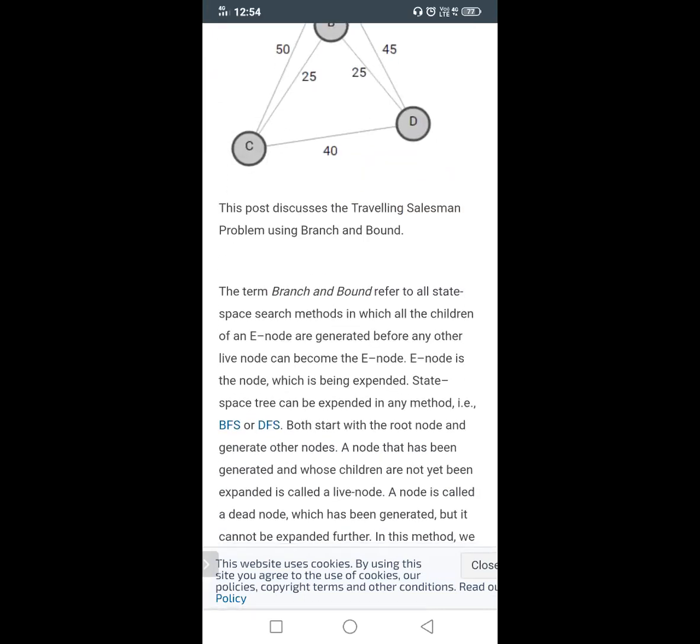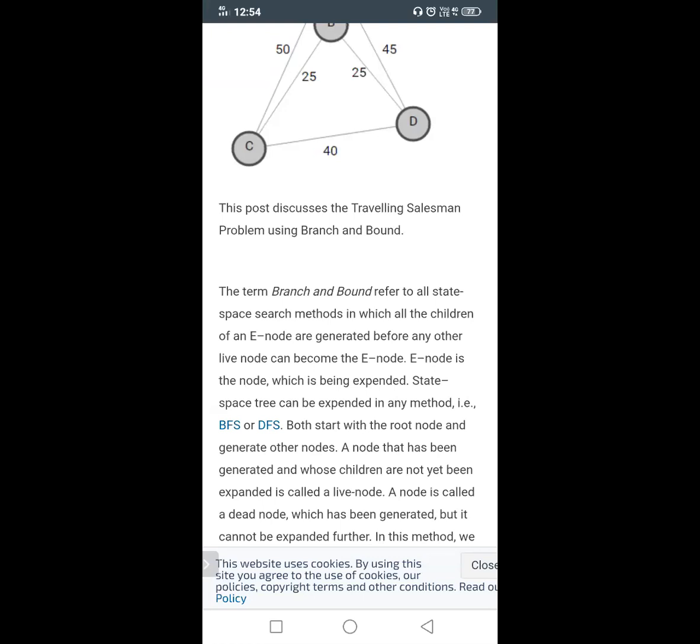Here branch and bound refers to all state space tree methods in which all children of an E node are generated before any other live node can become the E node.